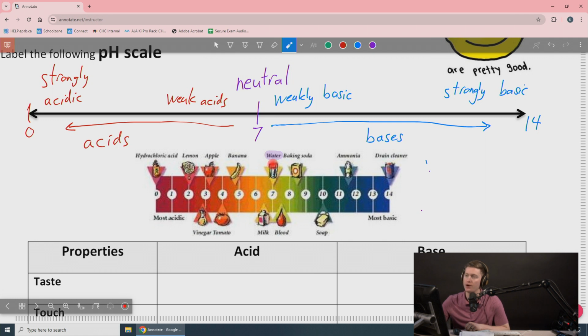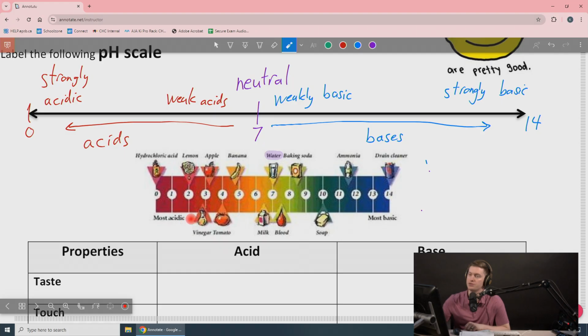If it was pure water with no solutes in it at all, it would be a pH of 7. Close to neutral are milk and blood, milk being very slightly acidic and blood being very slightly basic. Some stronger bases would be like some hydroxide-based drain cleaners or some pure hydrochloric acid, strongly acidic.